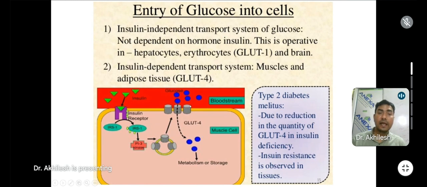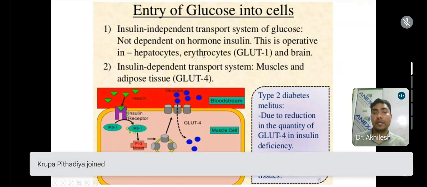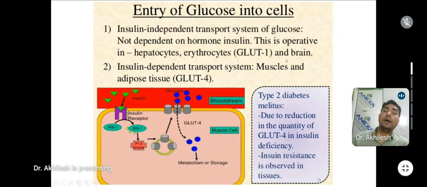Once they reach a nearby cell, they are again internalized, for example by the insulin receptor. We have different types of GLUT transporters like GLUT1. GLUT1 is an insulin independent transporter majorly found in brain, hepatocytes, and erythrocytes. The brain has a constant requirement of energy, so it does not depend on insulin.